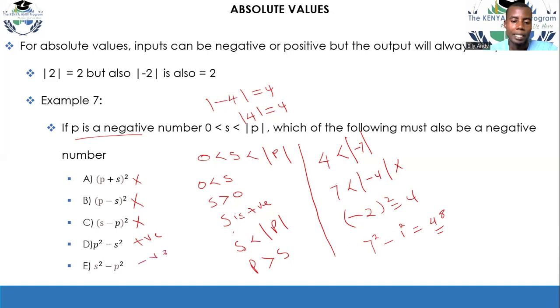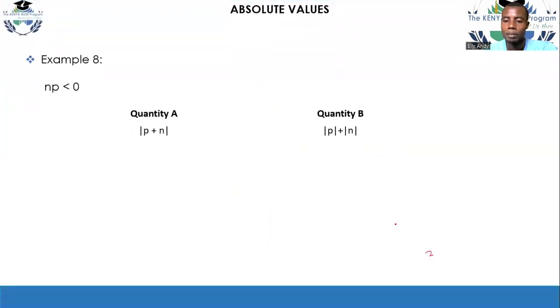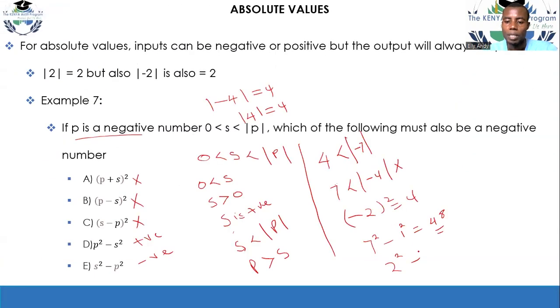The result here is negative. An example, we have 2 squared minus 3 squared. We'll have here 4 minus 9, which is a negative result. So definitely our answer here is E.